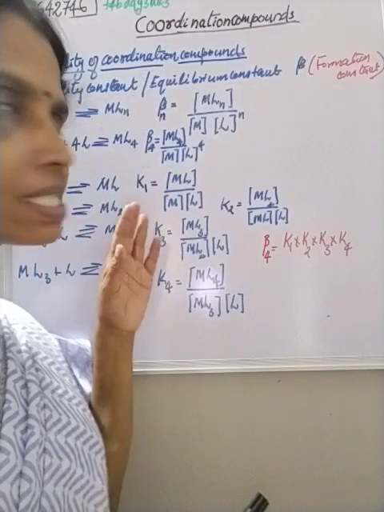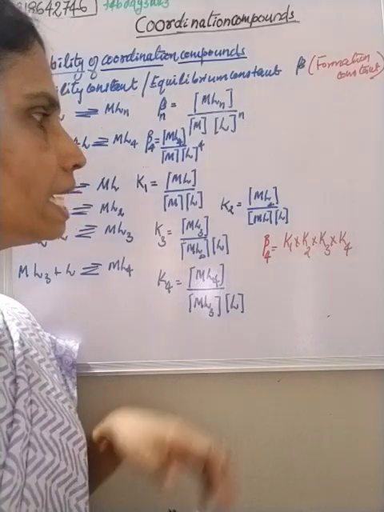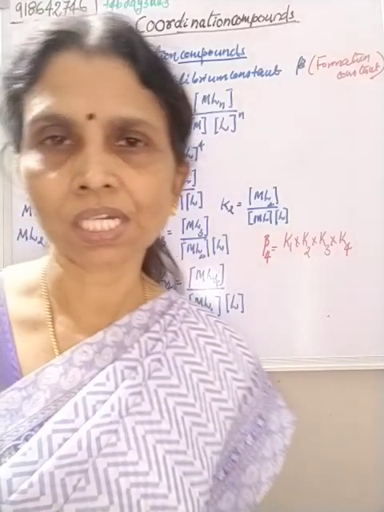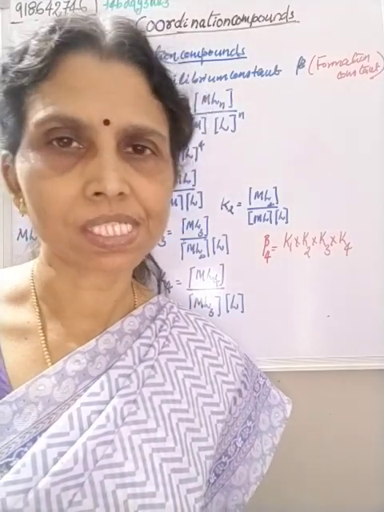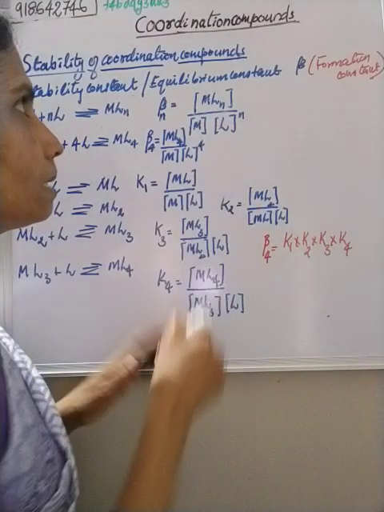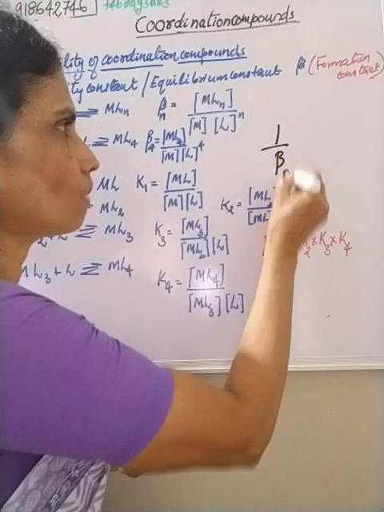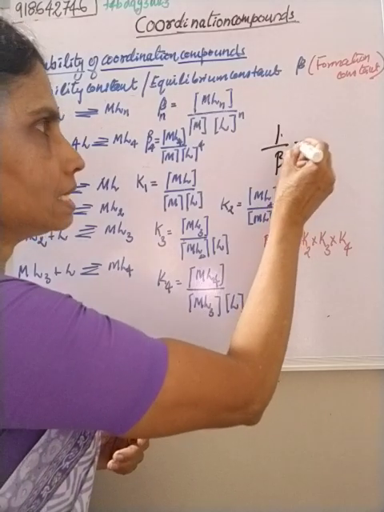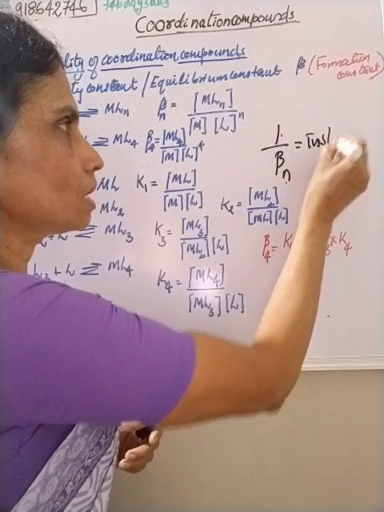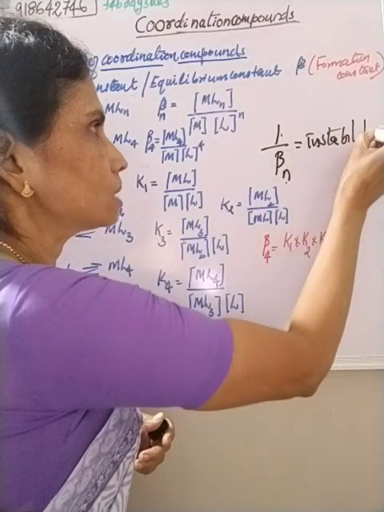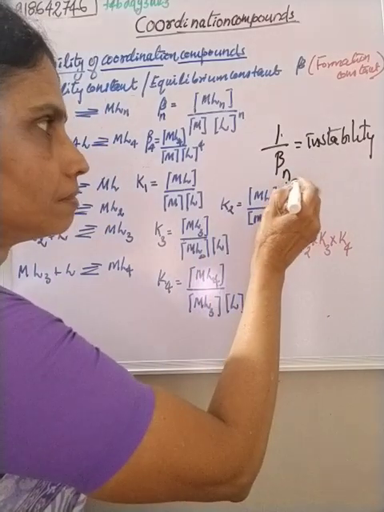The reciprocal of the stability constant, 1 by beta n for n number of ligands, is called the instability constant or dissociation constant.